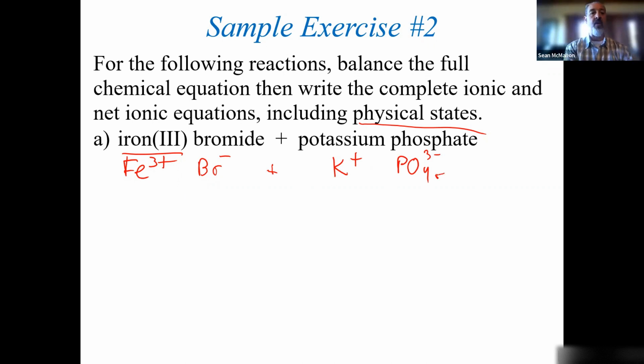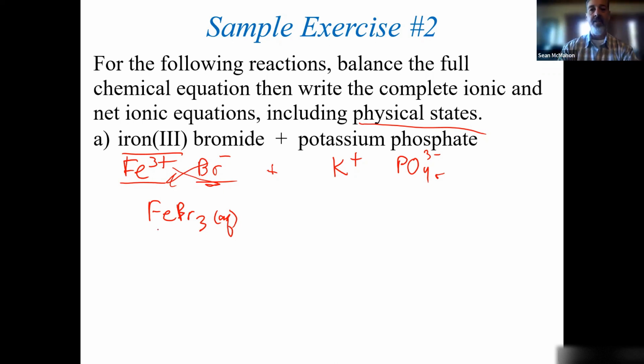Now, why am I writing this out? Well, my reactants are this and this. So I would do the crisscross to figure out the formula. And the reason why this is aqueous is because halides, group 7A, are always soluble except PMS, which stands for lead, mercury, silver.